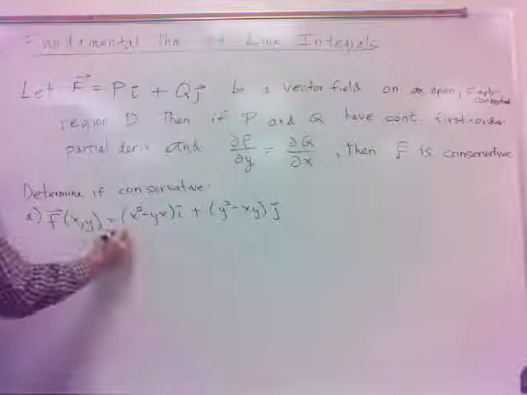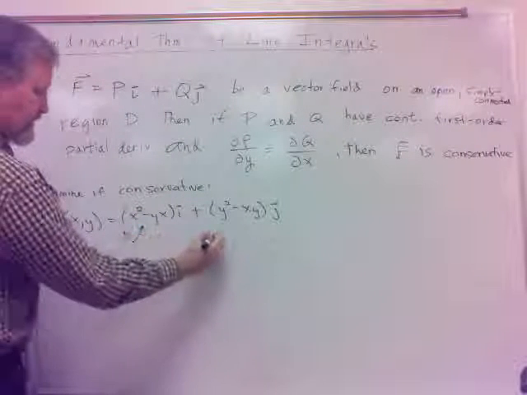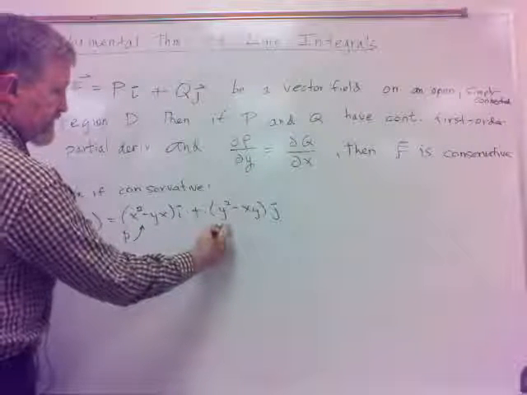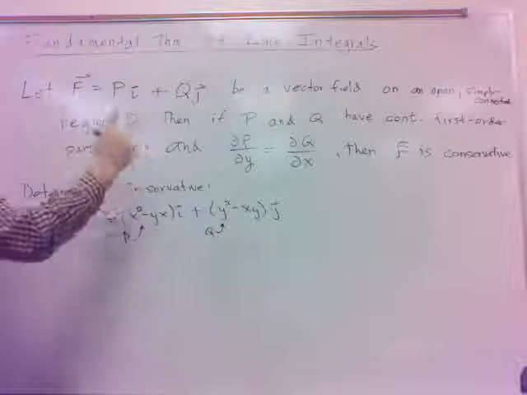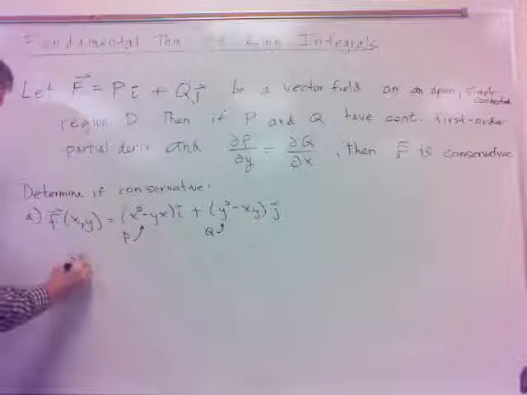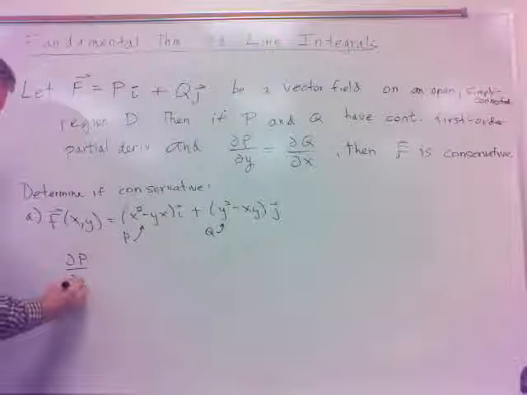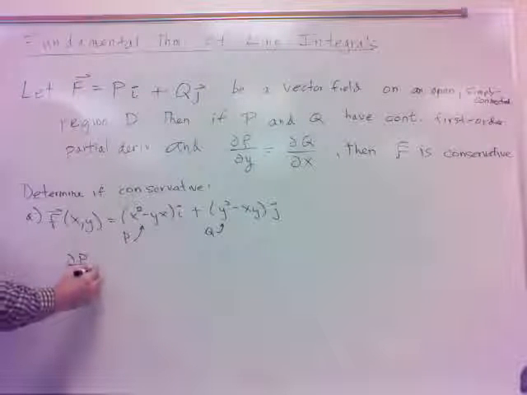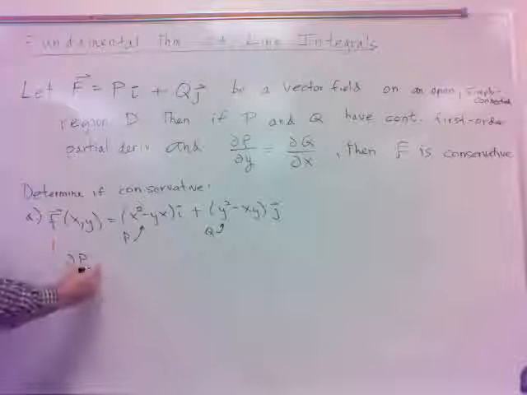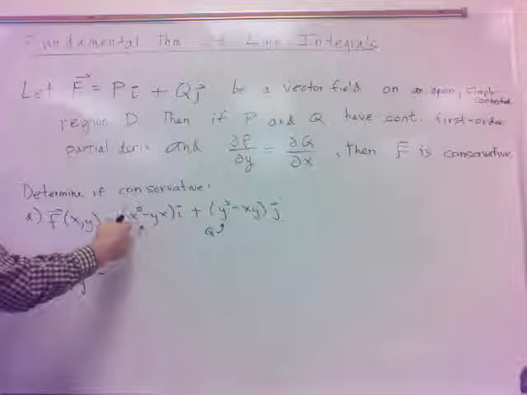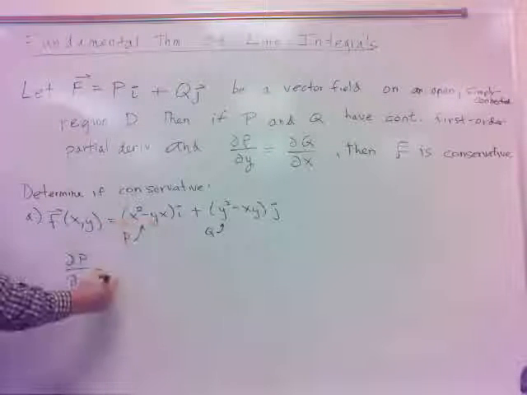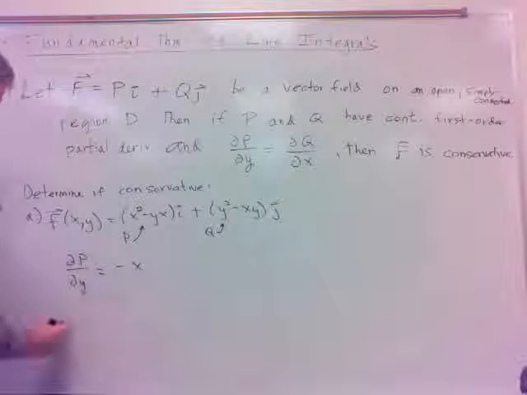So we've got P is x squared minus yx, and Q is y squared minus xy. For this to be conservative, we need the partial of P with respect to y to equal the partial of Q with respect to x. The partial of P with respect to y would be minus x.